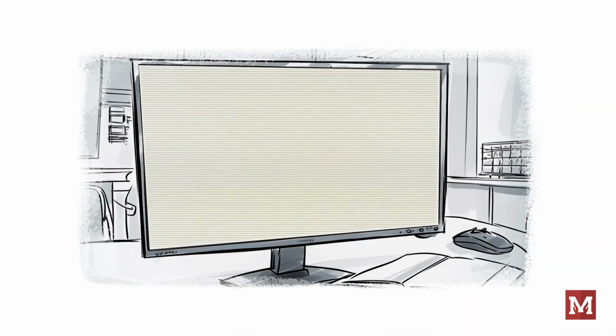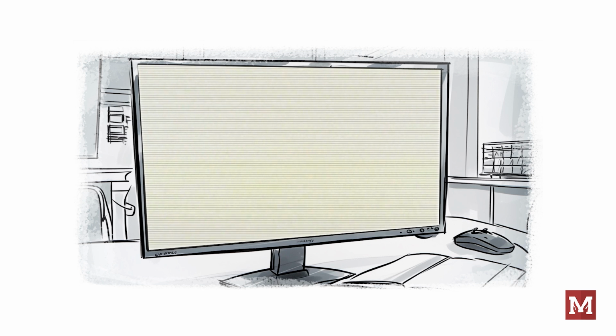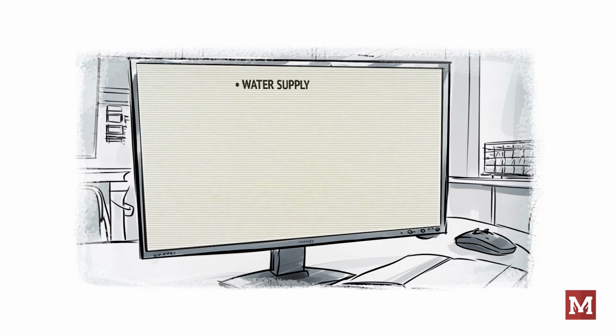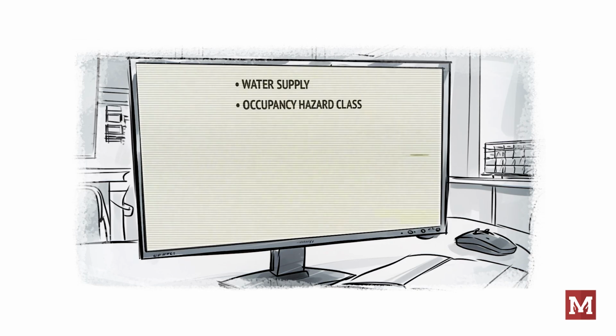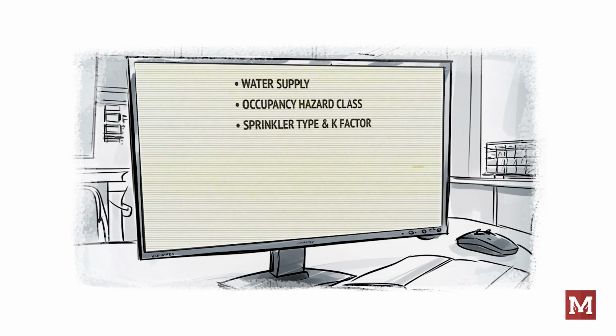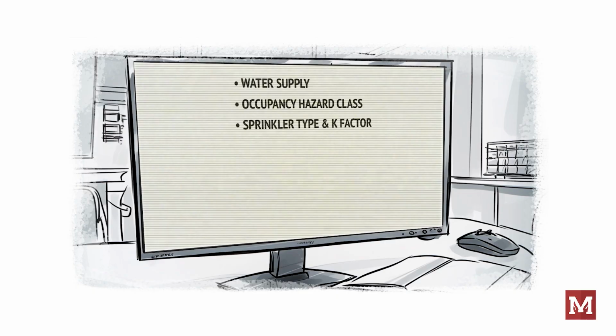Once we know where our remote area is located, we have identified and quantified everything we need to calculate our system. These are pretty much an overview of the information we need to identify and organize prior to making our hydraulic calculation. We need the foundation of our design, which is the water supply. We need to know what our occupancy hazard class is in order to know the density our system needs to provide. We need to know what sprinklers we're going to use and identify things like K factor and know if this specific sprinkler needs to be flowing at a specified pressure or flow.